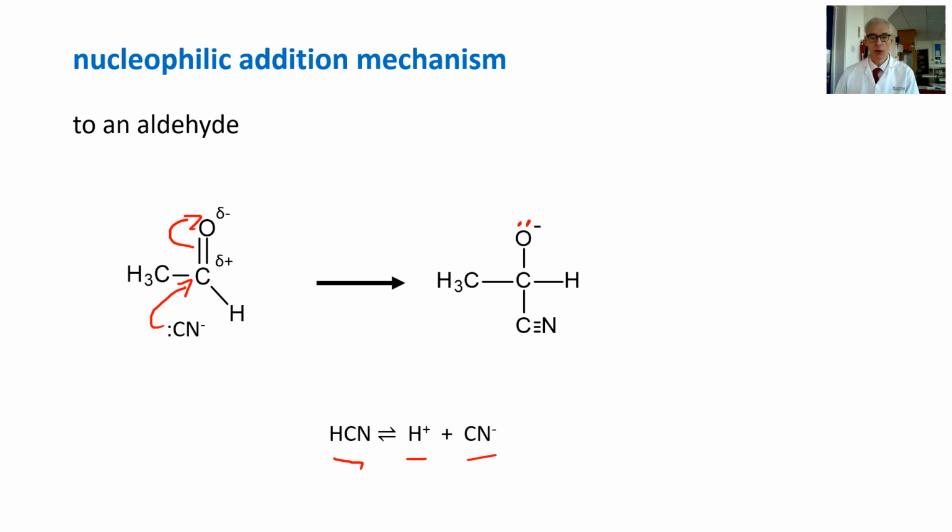Now we also need to bring in the hydrogen ion here, because we're going to move electrons from the oxygen as a pair to form a bond between the oxygen and the hydrogen. So we need to place our arrow starting at the lone pair of electrons.